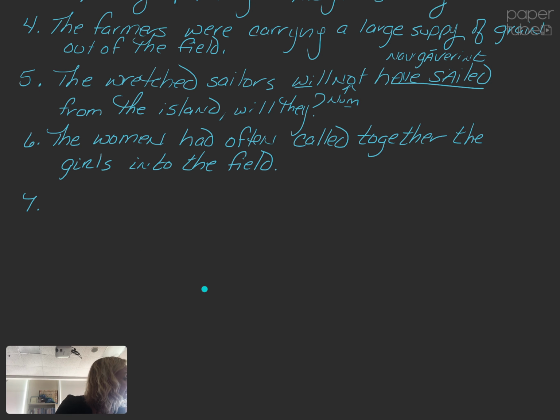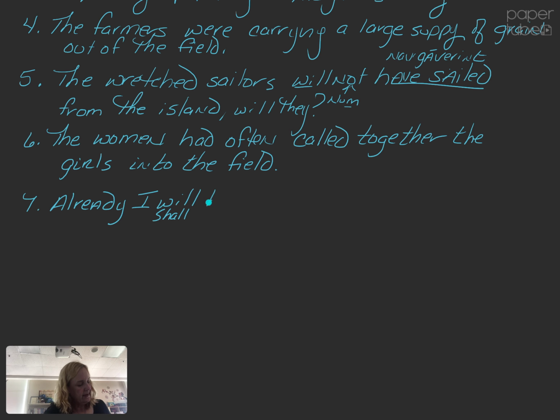Number 7. Viri signum proelii tuba iam dederunt. Iam dedero. Now or already, iam dedero. I will or shall have given. What will I have given? The battle signal, signum proelii. Who am I giving it to?